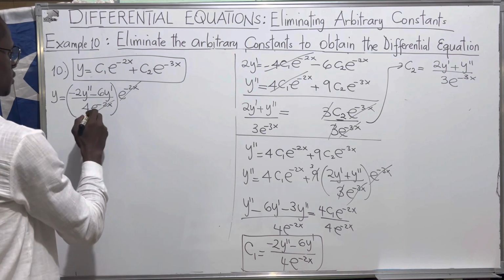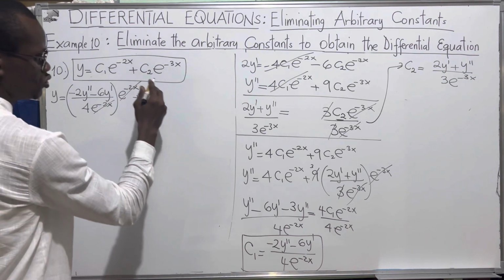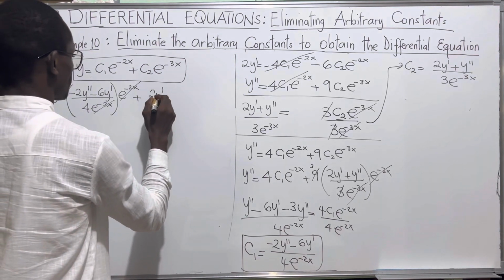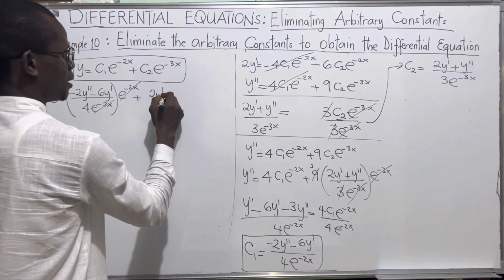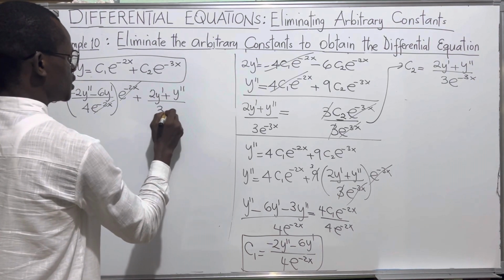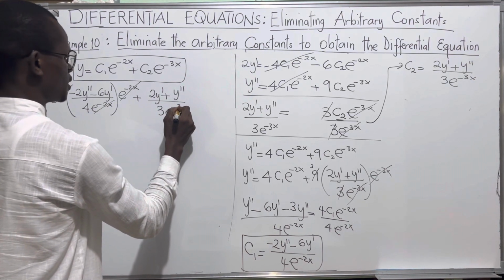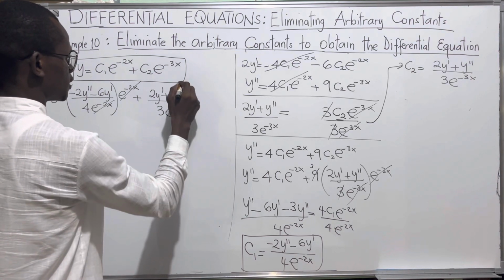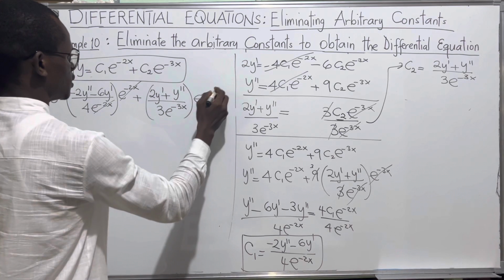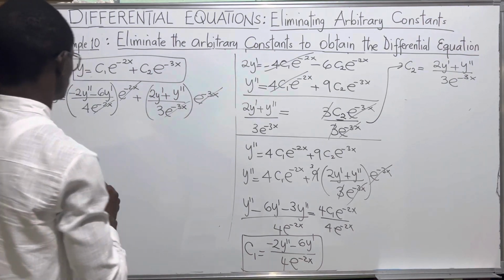So this and this will cancel. Plus C2, which is 2y prime plus y prime prime all over 3 e raised to the power minus 3x, times e raised to the power minus 3x. So this and this can cancel.